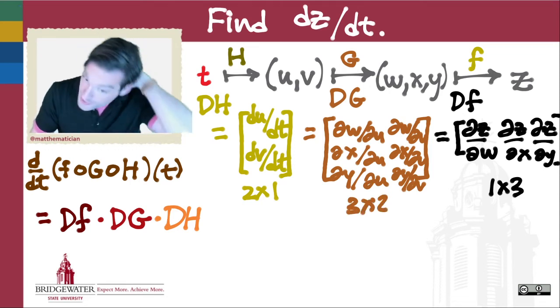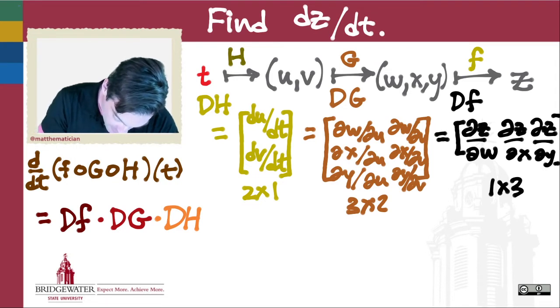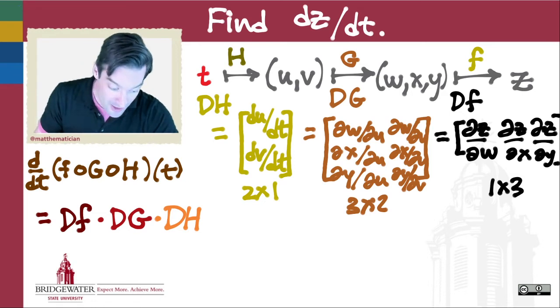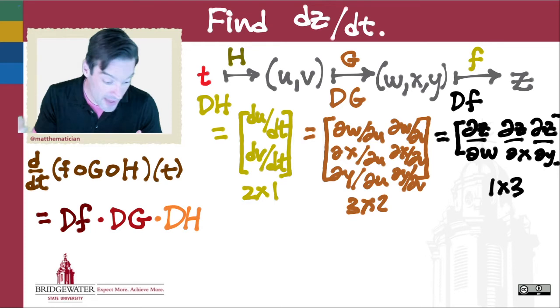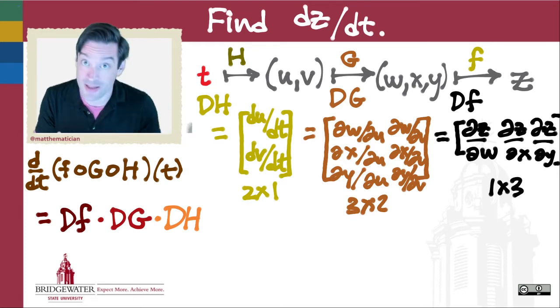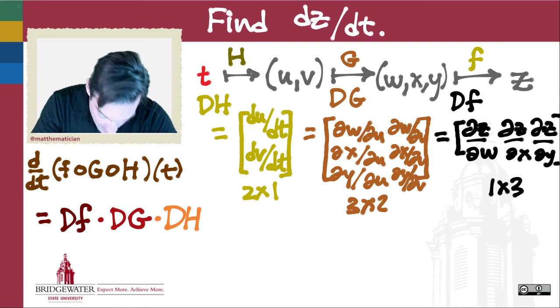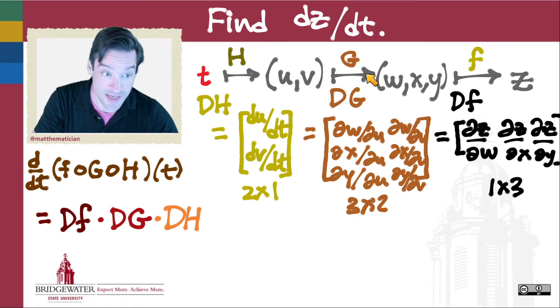Before we do any matrix multiplication, we should always make sure that the dimensions of the matrices we're multiplying are actually compatible. This is going to be the case only if these 3 functions can be composed together, only if the outputs of one actually fit into the inputs of the other. For example, our h function is spitting out 2 outputs, and the g function is taking 2 inputs, so we can match those together.